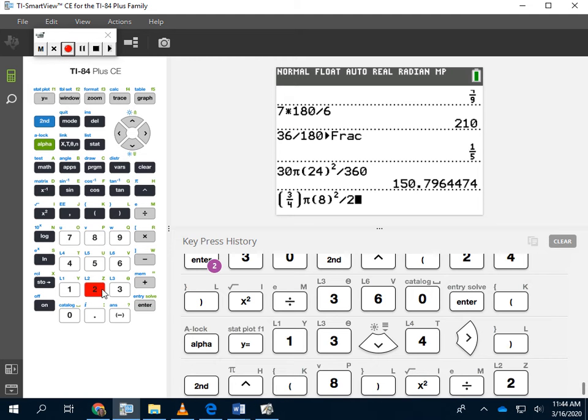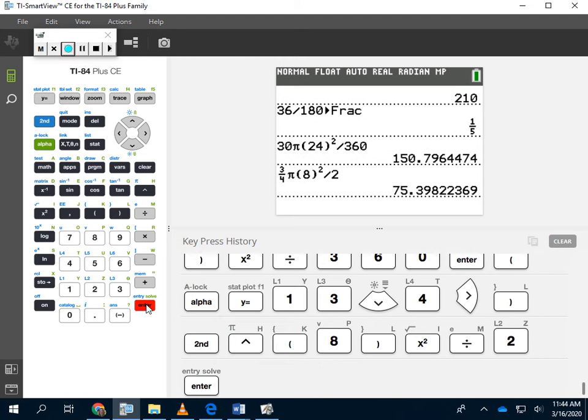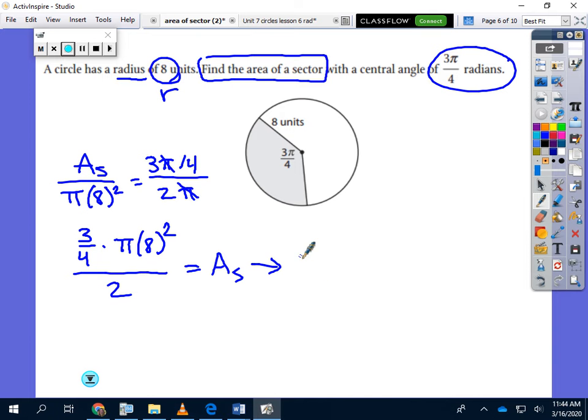And I get 75.4 when I round, so 75.4 units squared.